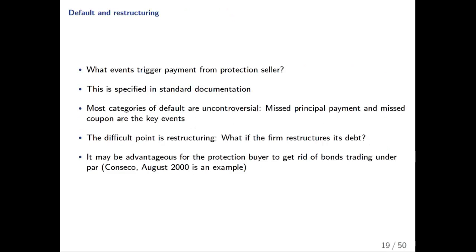What would trigger a default in this example? At what point would WorldCom have defaulted? Most of the credit events are relatively well defined, except for one, which is restructuring.